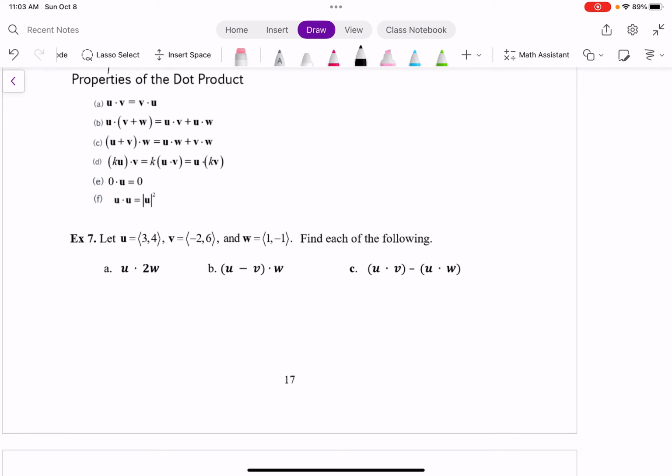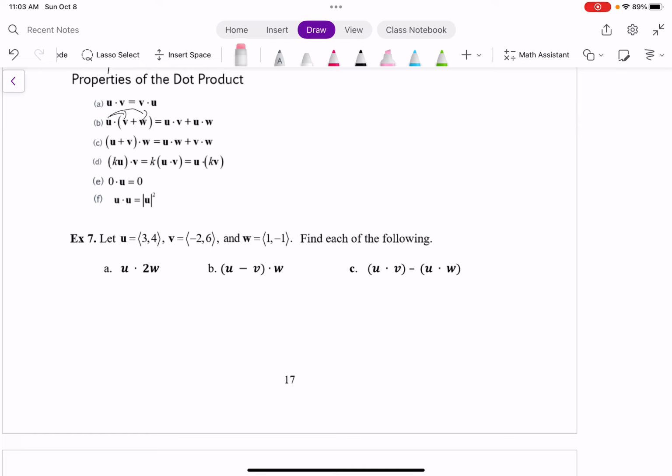So let's move on to see the properties of the dot product. If I have u dot v, that equals v dot u. If I have u dot (v plus w), then I can distribute my u inside of the parentheses: u dot v plus u dot w. (u plus v) dot w equals u dot w plus v dot w. And k times (u dot v): k is a scalar here, not a vector.